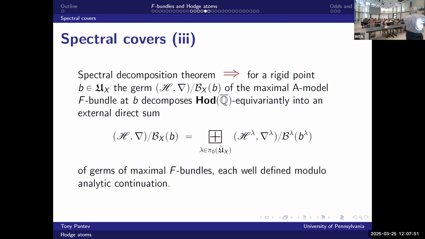And the whole splitting is equivariant with respect to the action of the one state. And I didn't say that, but the F bundle that we constructed from a symplectic manifold was actually maximal, and these guys are automatically maximal. Now they have some really great properties.